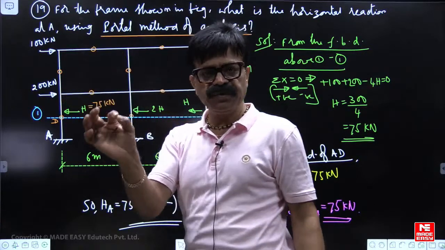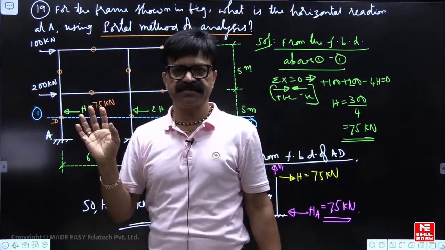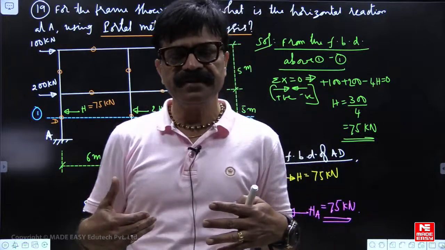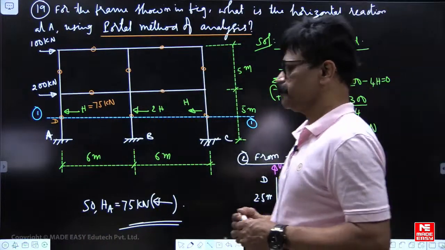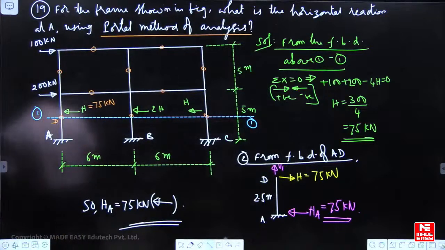Interior will take 2H, exteriors will take H. That is the assumption in the portal method of analysis. HA, WT must meet at same point, Prithvi, correct?